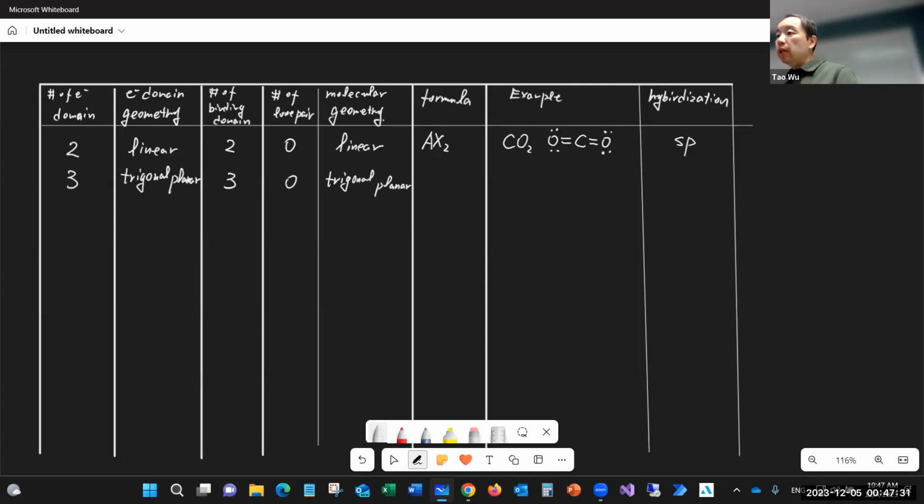The formula is just AX3, which means one central atom plus three side atoms.